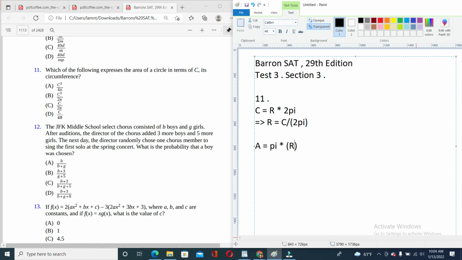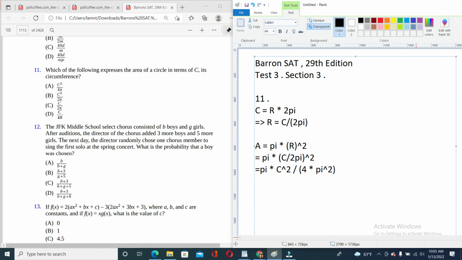So we replace r with what we have just found, c over 2 pi, squared. So it's equal to pi times c squared over 2 pi squared, which is 4 pi squared.